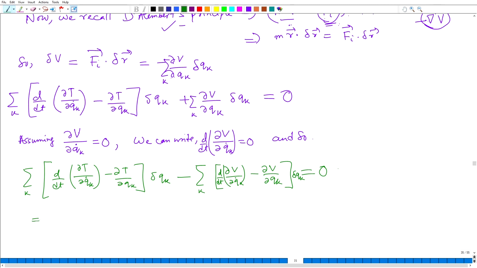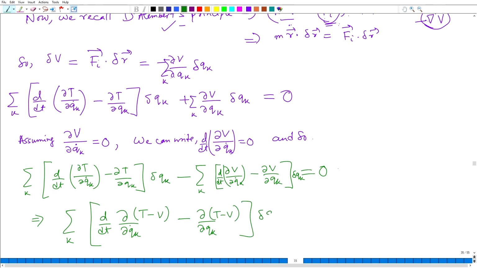I can finally write, take a global summation k d dt of del q k dot of T minus V, okay, minus del q k of T minus V times delta q k will be equal to 0.